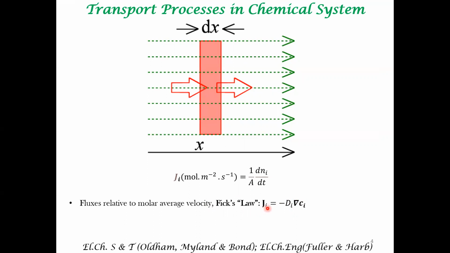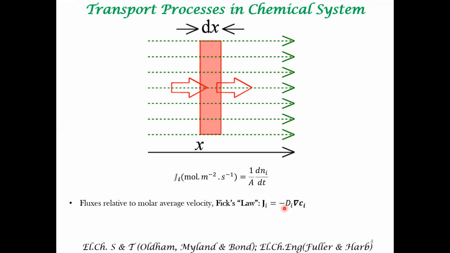In any case, what was demonstrated was that flux is proportional to the gradient in concentration. This gradient would be a negative number, but flux is a positive quantity in this direction. So to accommodate that, you have a negative sign here, which will give rise to a positive flux. The proportionality constant is the diffusion coefficient.